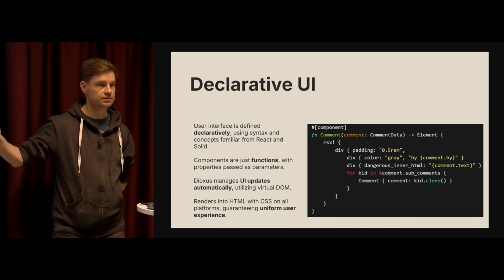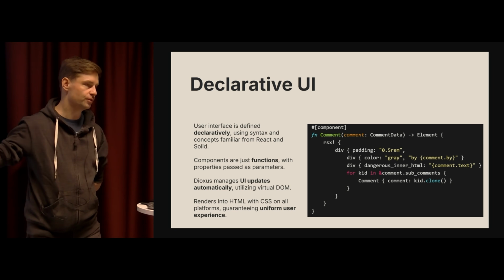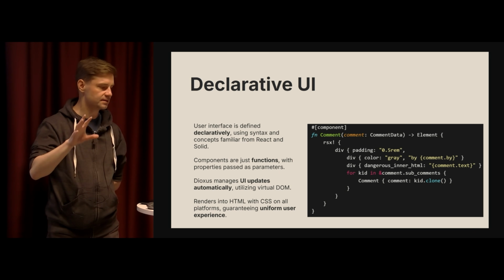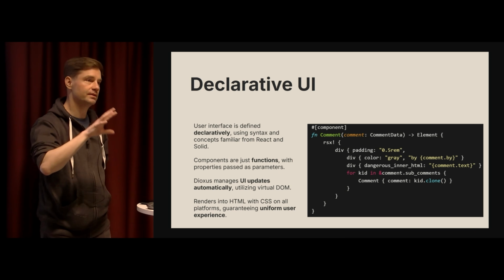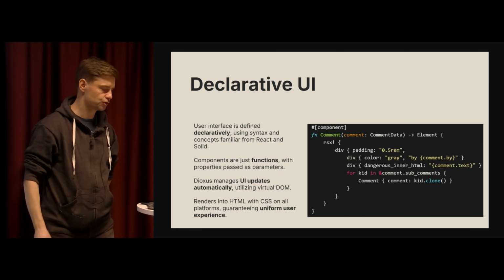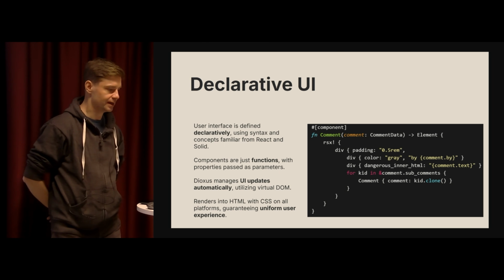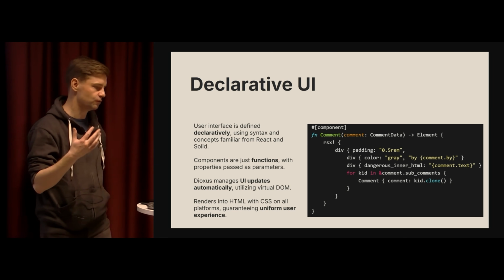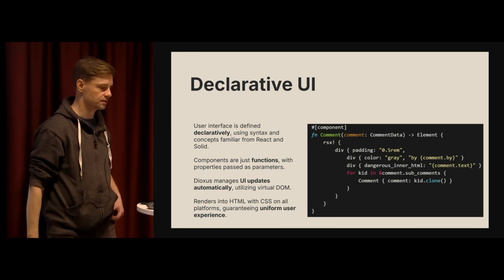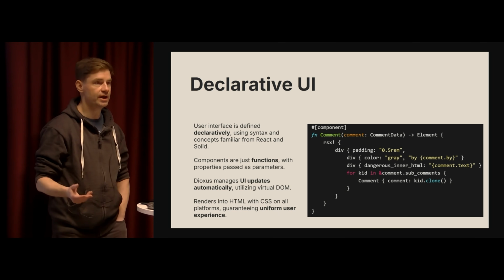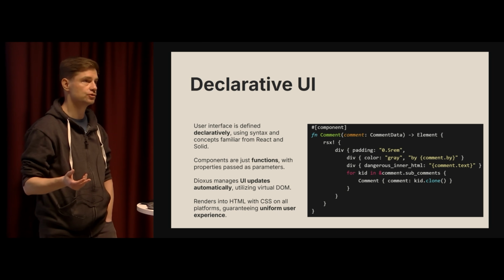And as you can see, there is this RSX macro that does all the magic, so that you can do things within the macro that are not exactly Rust, and it can then generate actual code from there. You get this nicer syntax that doesn't need to be fully Rust, but you get these shortcuts by having this, let's say, very complex macro. And just like in React, the components are just functions.